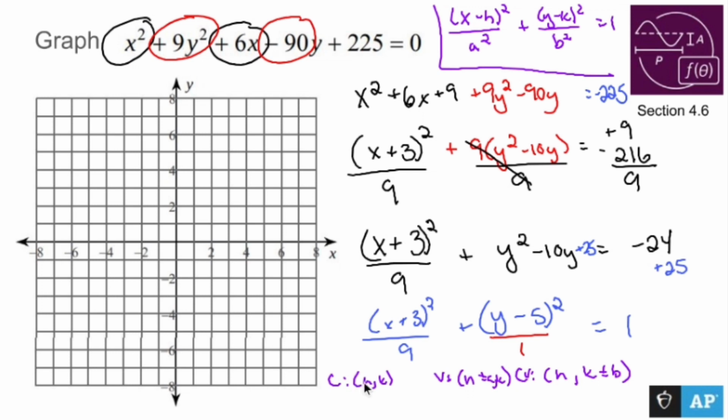Now I have to identify what h, k, a, and b are. So let's go to the equation that we came up with. x minus h matches up with x plus 3, which means h is negative 3. a squared matches up with 9, which means a is 3, square root. y minus 5 matches up with y minus k, so k is 5. b squared matches up with 1, so b is 1.